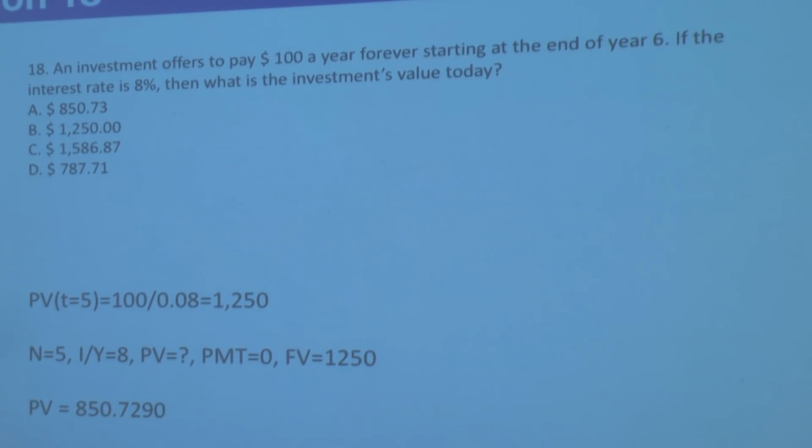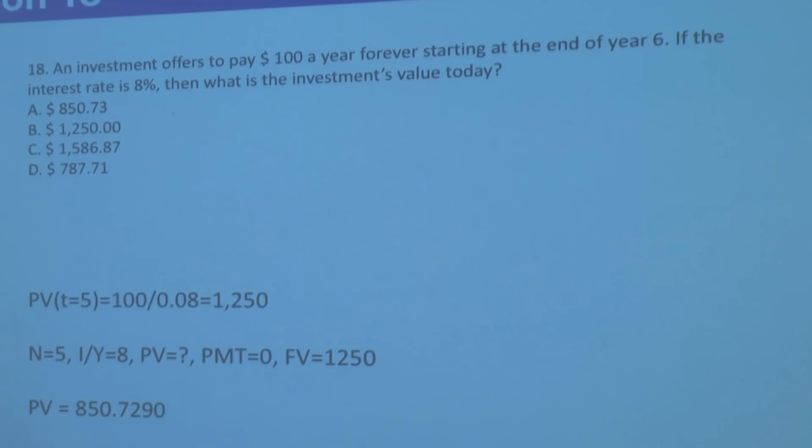Here, the first payment happens at time 6, so the present value is at time 5. The first payment of the perpetuity is 1 year after the point where we value the present value.